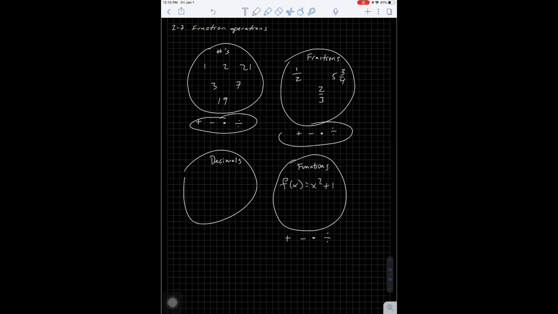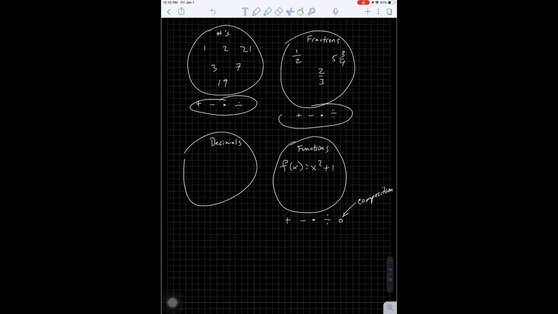We do have addition, subtraction, multiplication, and division, but we also have another operation, and the symbol for it is an open circle. And that is the operation of composition. So we're going to take a look at all of these operations today and how to do them with functions.